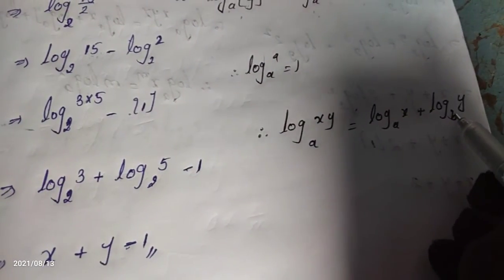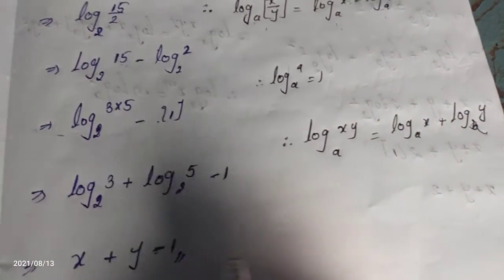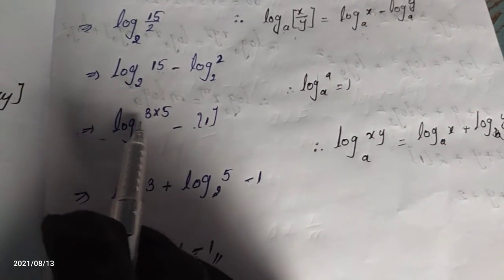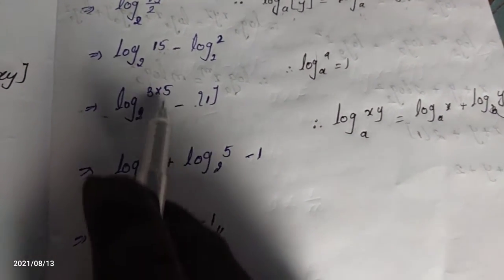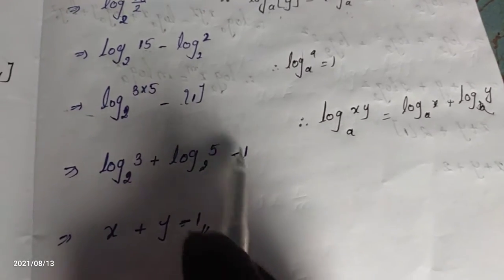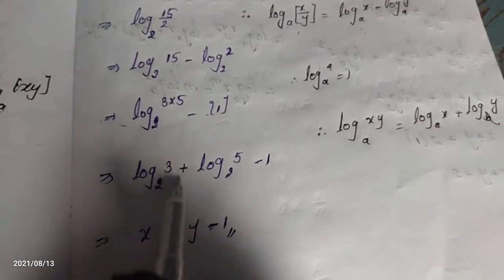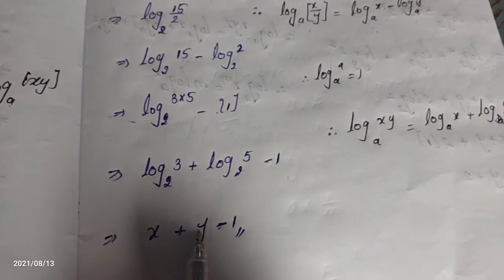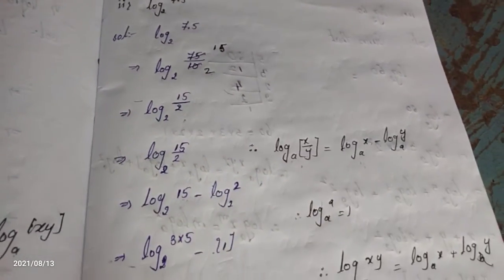In place of a we have 3, in place of b we have 5. So log 3 to the base 2 plus log 5 to the base 2 minus 1 as it is. The values are given in the question, x and y, so I am writing that the value is x plus y minus 1. This is your answer. These are the steps to find the value in terms of x and y.